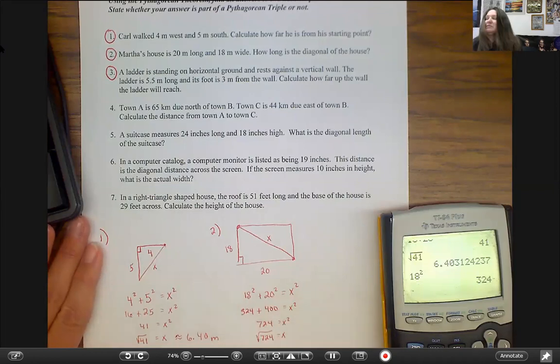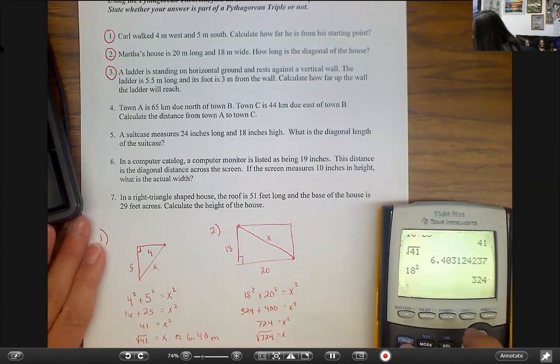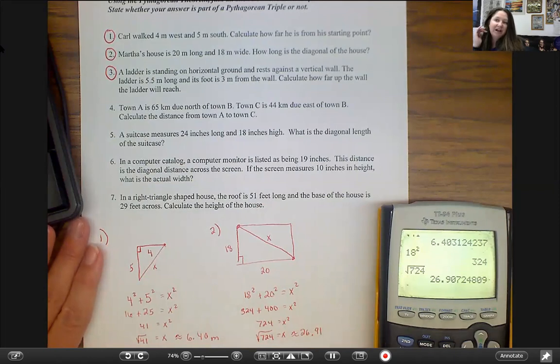So we get the square root of 724. Now, not sure if that's a perfect square, so let's test that. The square root of 724 gives us a value of approximately 26.91. Again, it did not work out evenly, so this is not going to create a Pythagorean triple.